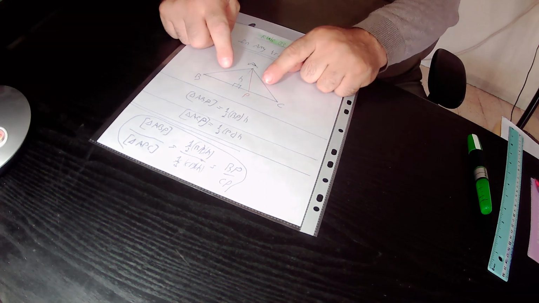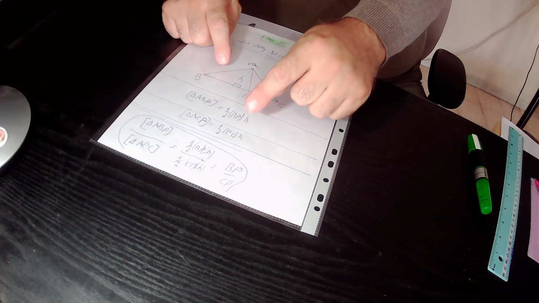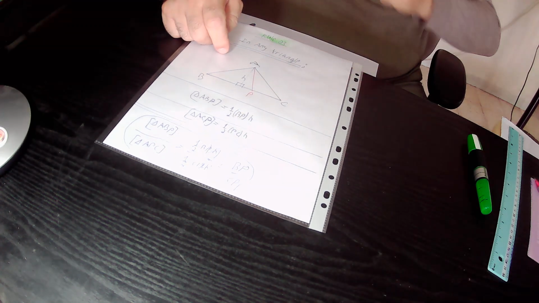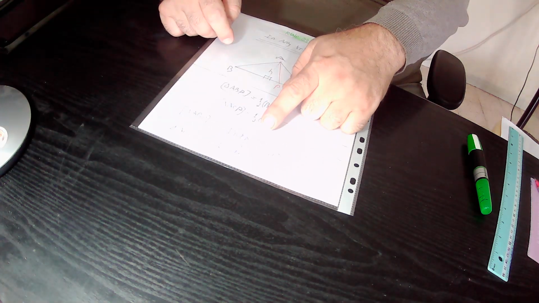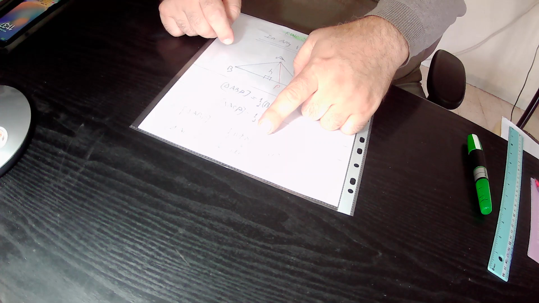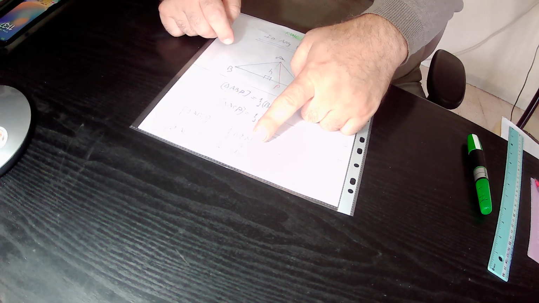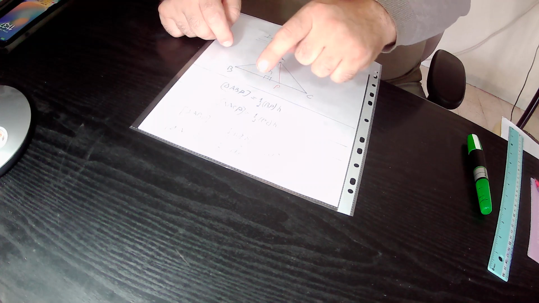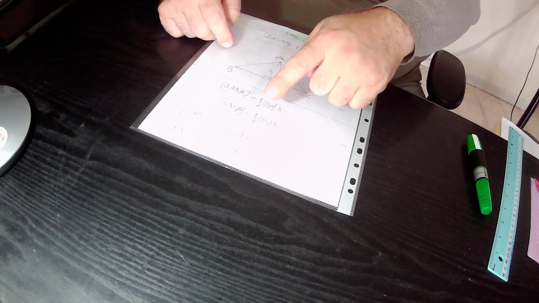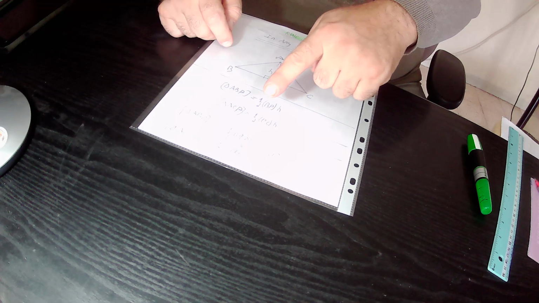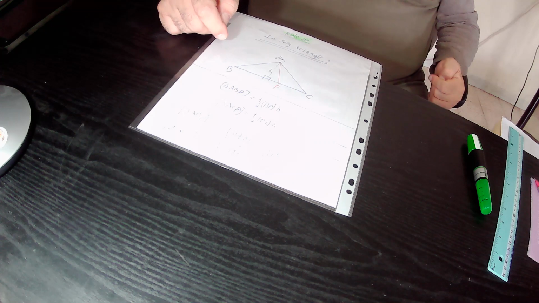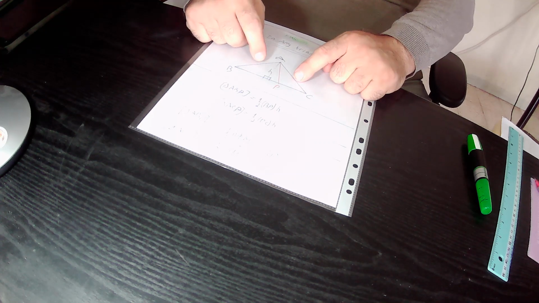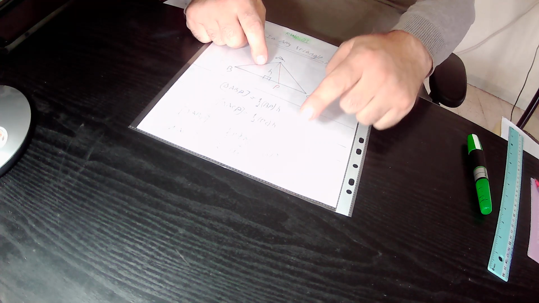And the ratio between the areas of those two triangles is of course equal to the ratio of those two expressions. So we have edge in the numerator and edge in the denominator, so edge will get cancelled. We have 1/2 in the numerator and 1/2 in the denominator, so 1/2 also will get cancelled, and we are left only with BP over CP. So in total, we found out that the ratio between the areas of those two small triangles is equal to the ratio between their corresponding bases.